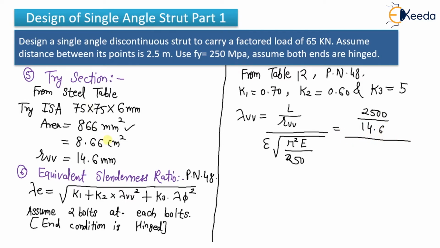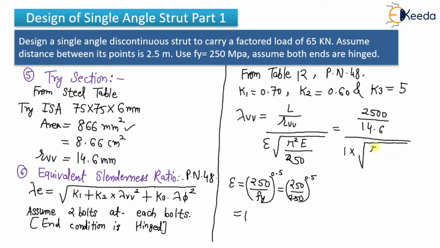I have told you what is the formula for epsilon. They have given in the IS code. Epsilon is equal to 250 divided by Fy raised to 0.5. They have given this formula. So 250 divided by Fy, which is also 250, raised to 0.5, will be nothing but 1. So I'll put 1 under root as it is, pi square as it is, E. What is the value of E?